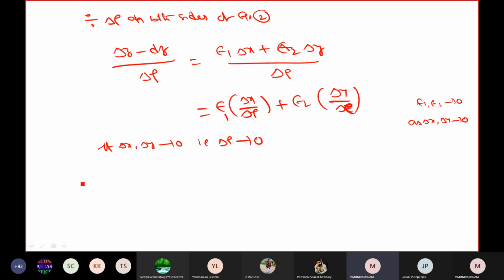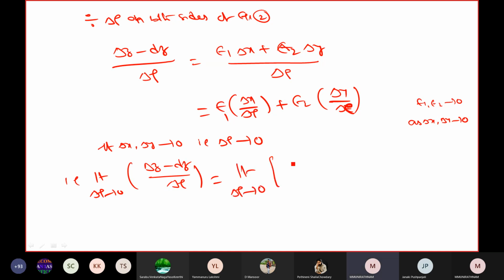So the limit as delta rho tends to 0 of (delta z minus dz) by delta rho equals the limit as delta rho tends to 0 of epsilon 1 delta x by delta rho plus epsilon 2 delta y by delta rho.